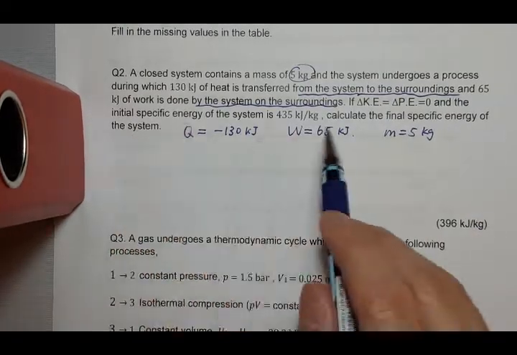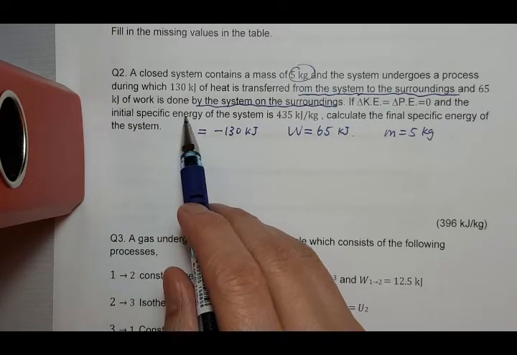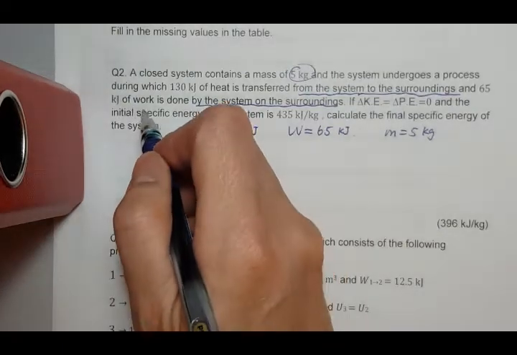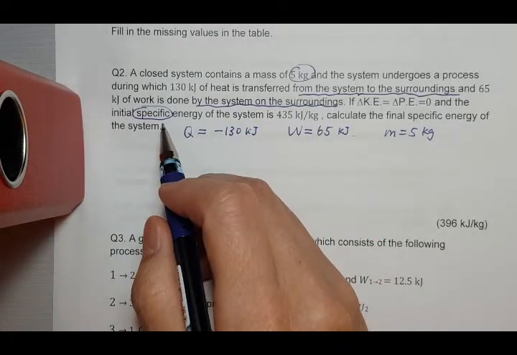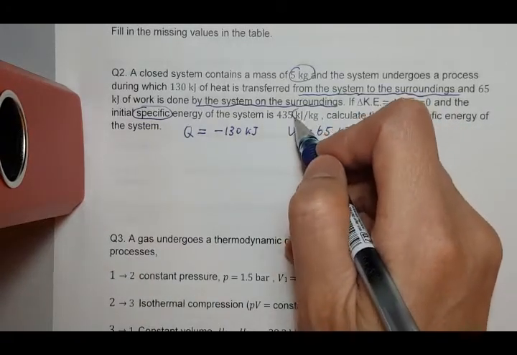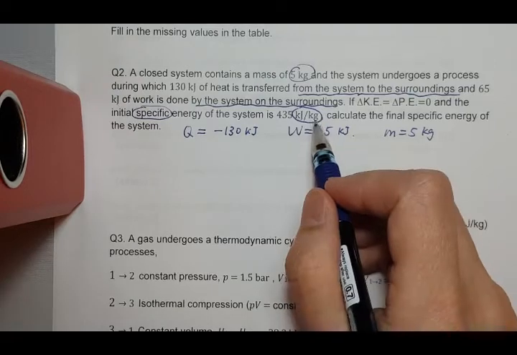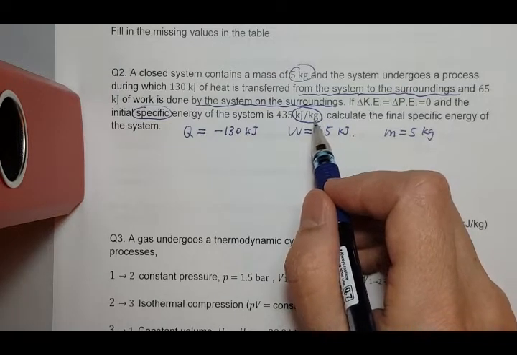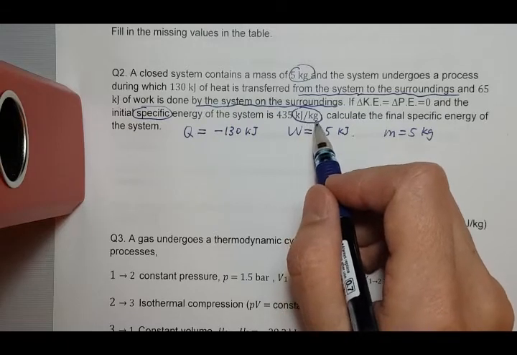And we know the initial specific energy. You can see here we have a specific quantity, which means we'll always use the lowercase, so you need to be very careful. Also be careful of the unit. The unit itself tells us it is a specific term, because it's per kilogram.